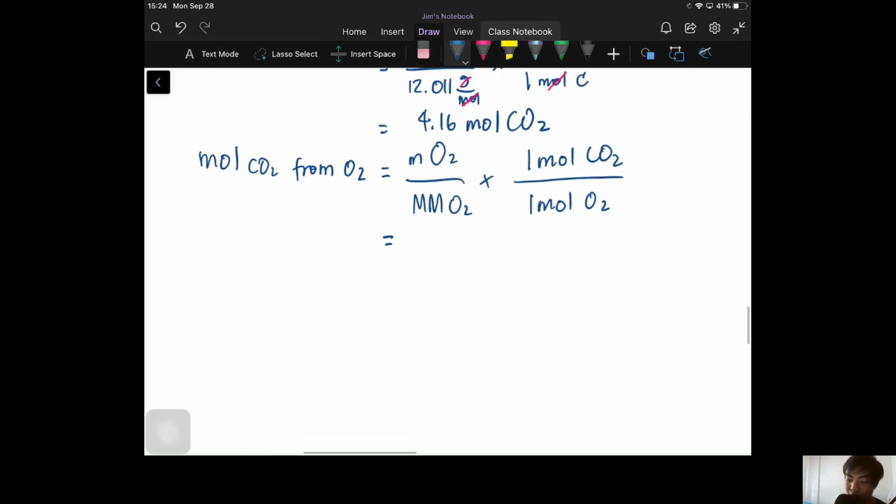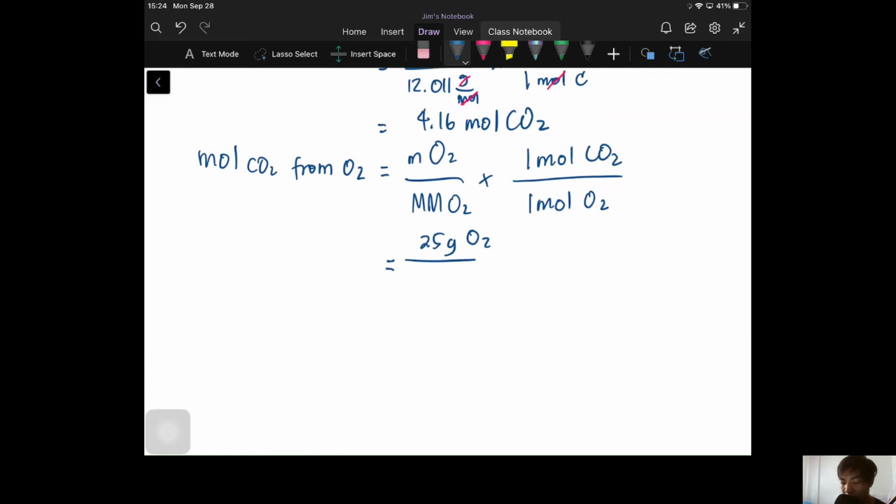Sa oxygen naman tayo. So we have 25 grams of oxygen gas. Molar mass ng oxygen gas, 31.998 g/mol, times the conversion factor, 1 mole CO2 over 1 mole O2.